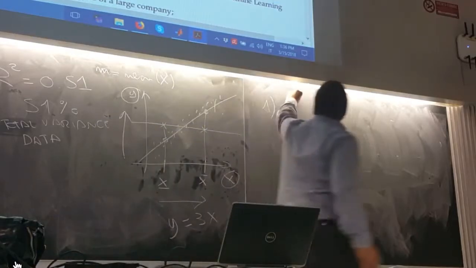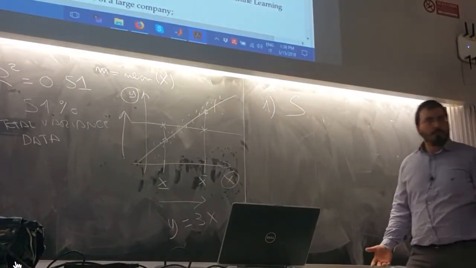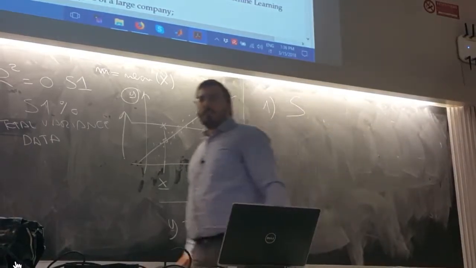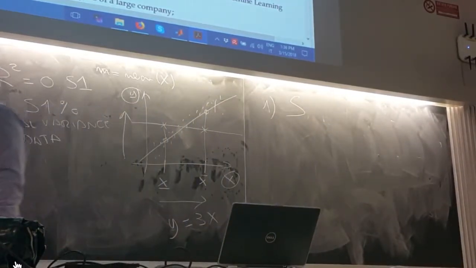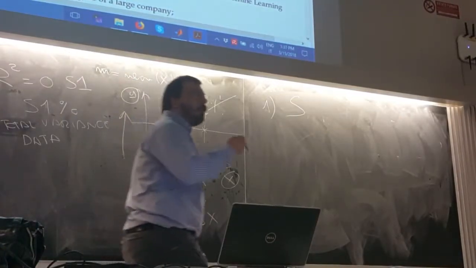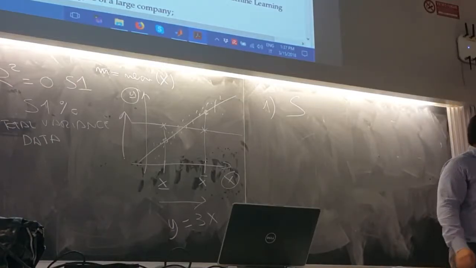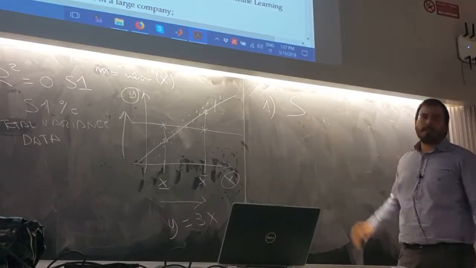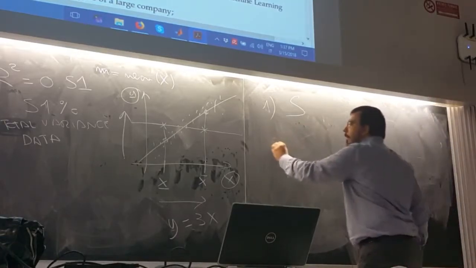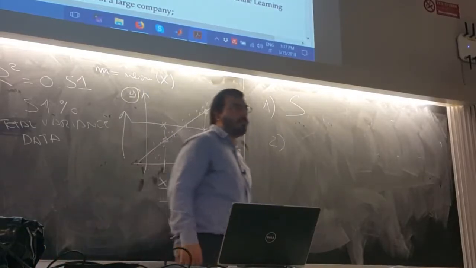S. Why S? Since S is the variable I'm interested in, the variable I want to predict. So it's the output of the model. Okay? That's enough. One line. But just S, that's 0 points. Okay? What about the independent variables?